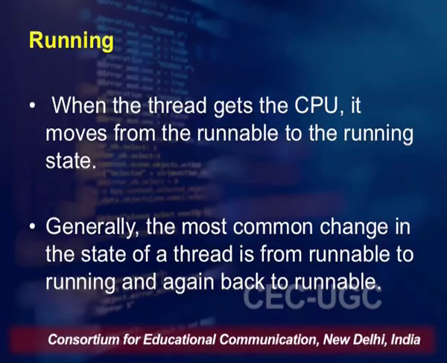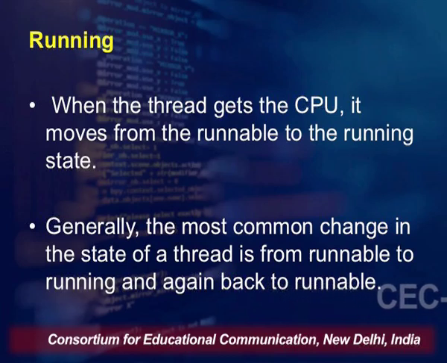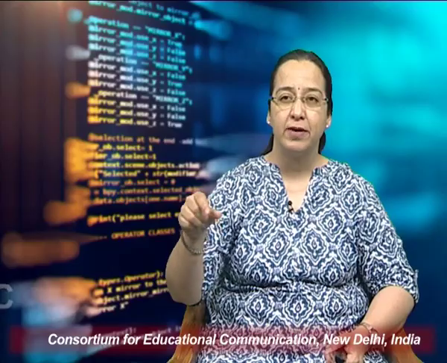So whenever such a scenario occurs, all those threads that are willing to run, waiting for their turn to run, lie in the runnable state, and the one that is presently getting executed is in the running state.